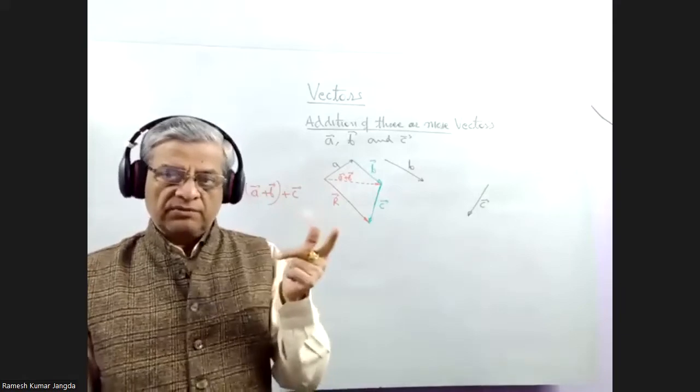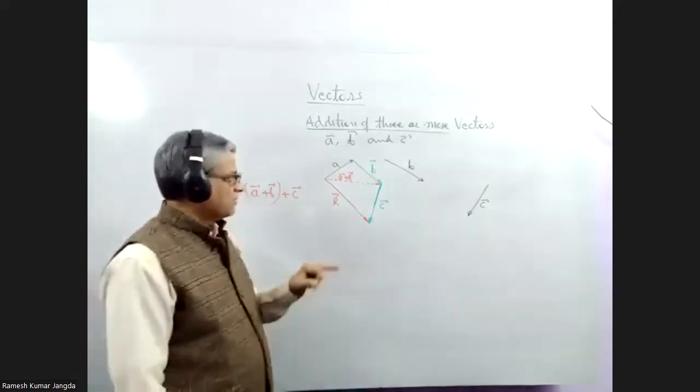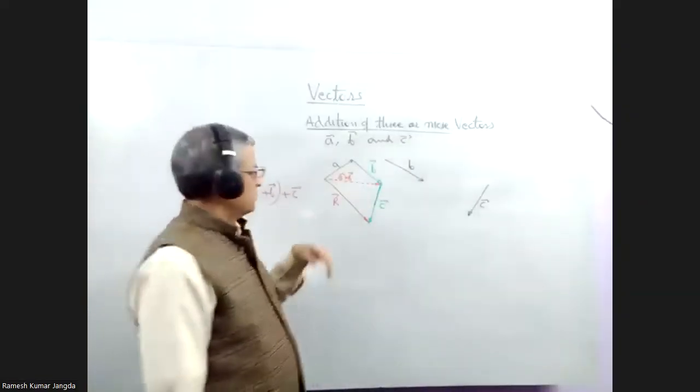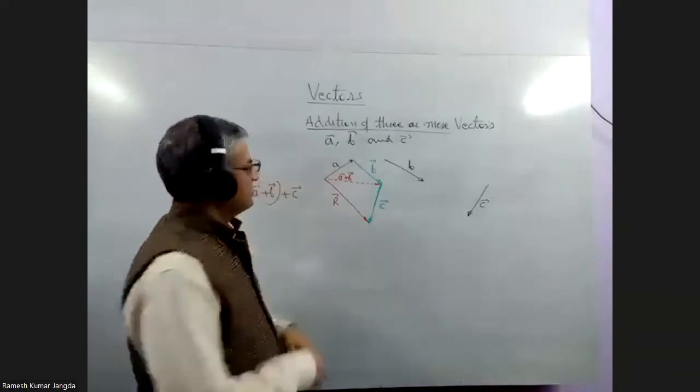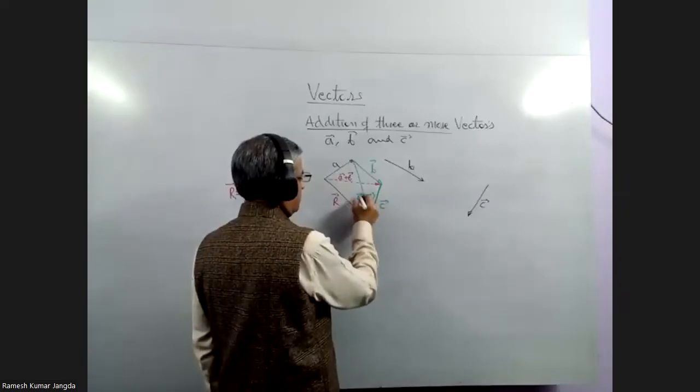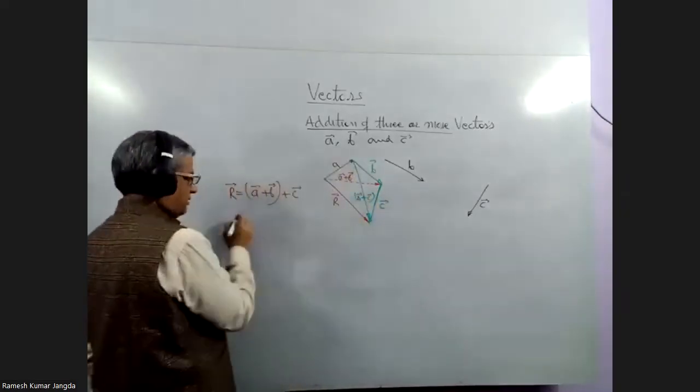Now another way of doing the same thing is I add B and C first, and then I add A to it. This is vector B plus vector C, and then I add A to it.